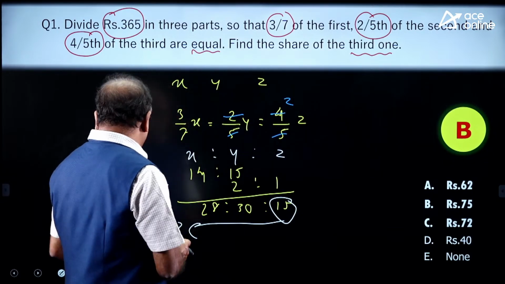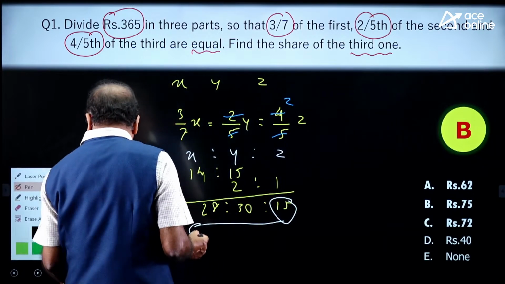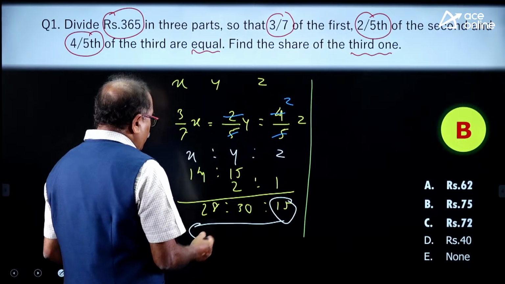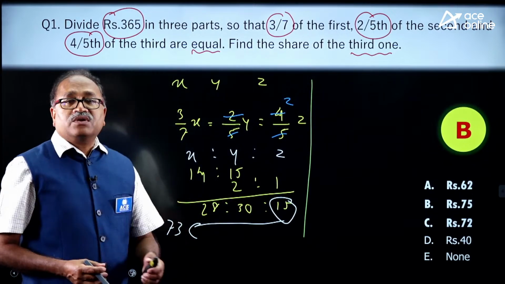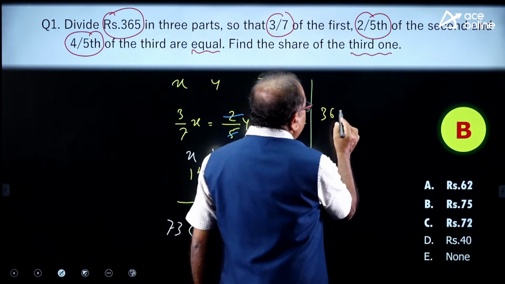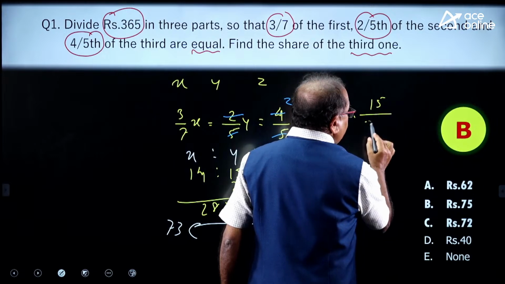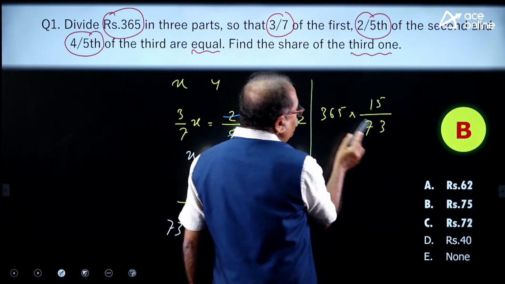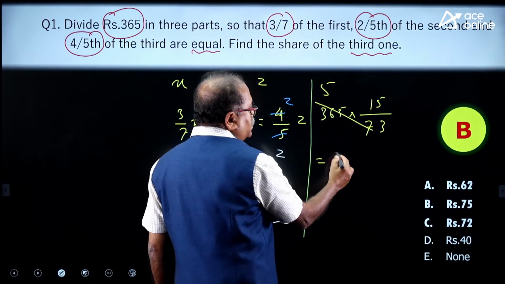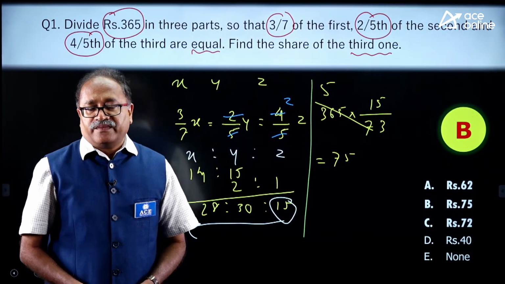What I need to do now, let me write down over here that I need to find 15 parts out of 73 parts, and the total is given as 365 into 15 parts out of 73 parts. Did you notice that this gets cancelled 5 times? 5 into 15 is 75. That's your answer, option choice B.